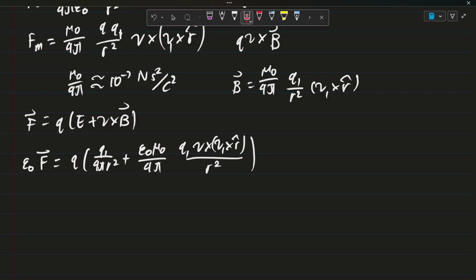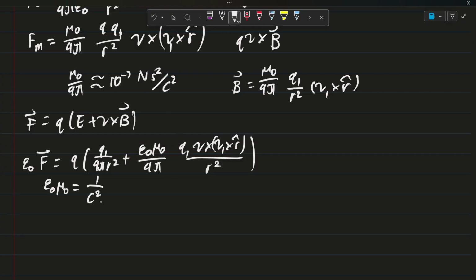Something to note is that these two sections should have the same units. Therefore, epsilon 0 times mu 0 should have units of 1 over velocity squared, and we will call this velocity c squared.